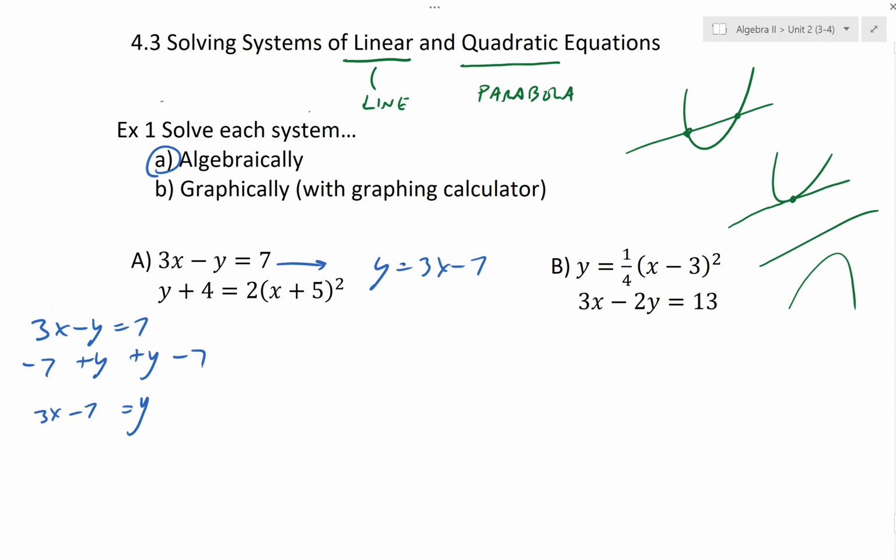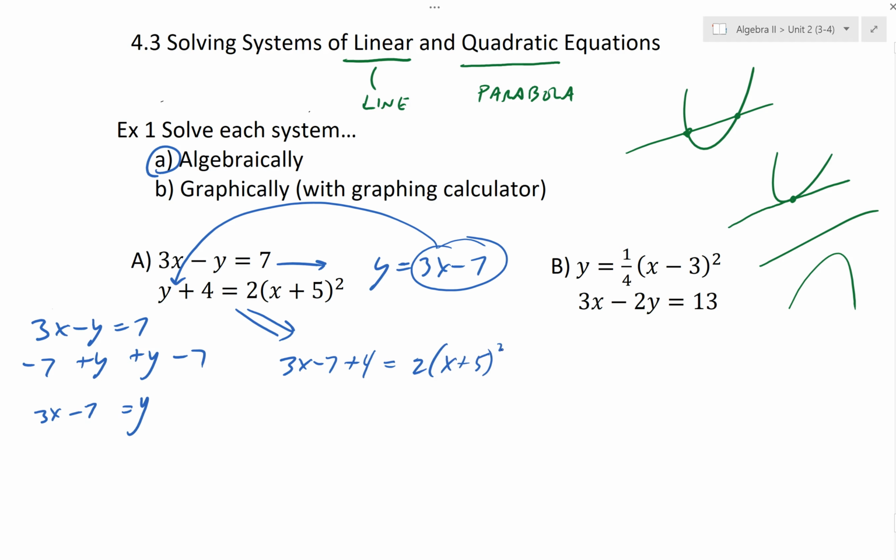And once we have one of the variables by itself, then we can use that to substitute that expression in place of that variable in the other equation. So in place of that y, I'm going to write 3x minus 7. So this equation is going to become 3x minus 7 plus 4 equals 2 times x plus 5 squared.